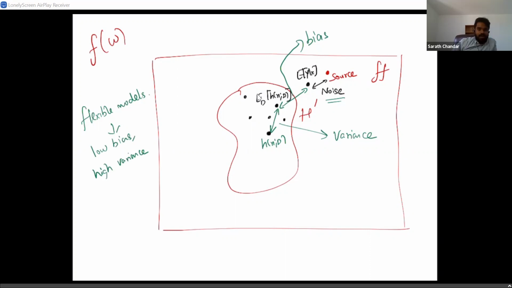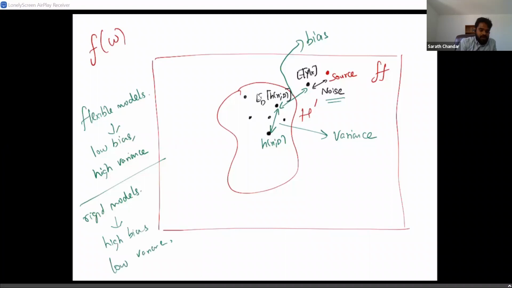On the other hand, we have very rigid models like linear regression. Linear regression cannot learn a nonlinear boundary, it's always a linear function. This model has a very high bias but low variance. That's because the model is simple, it has low variance.